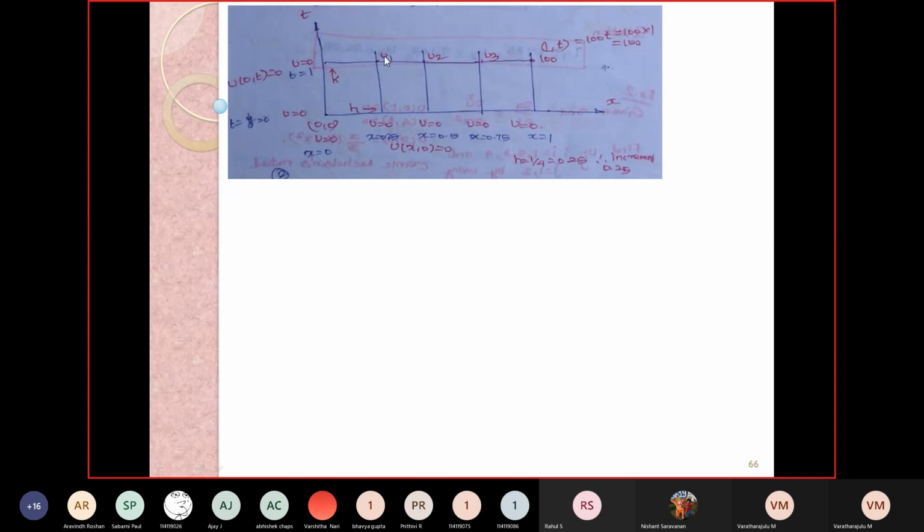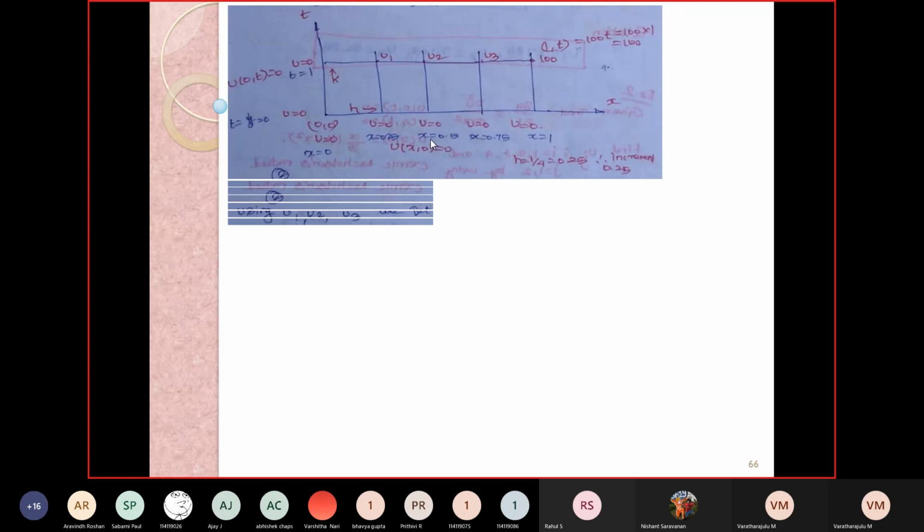See, what is the u1 value? There is an equation. Please remember the formula: minus 0 plus 4u1 minus u2 is equal to 0 plus 0.